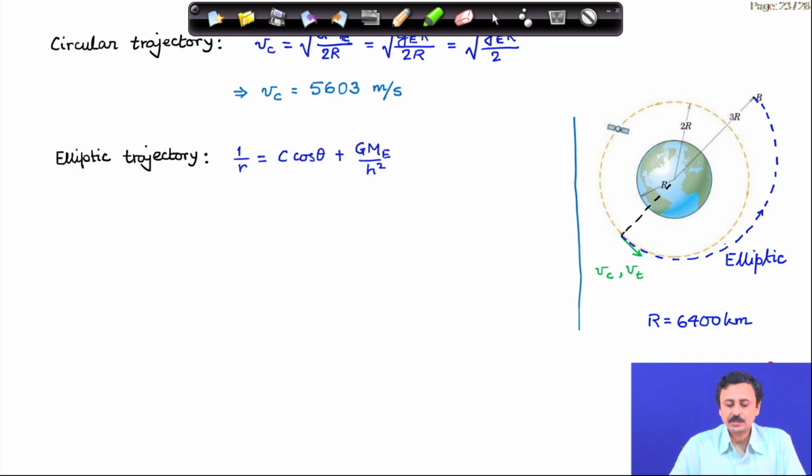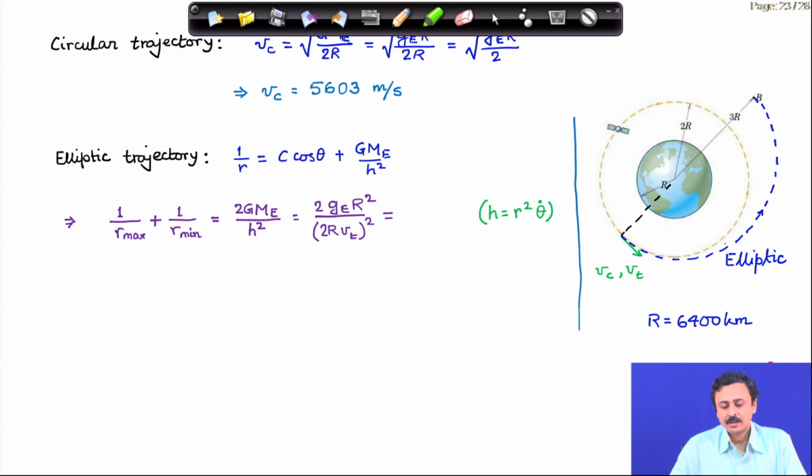For the elliptic trajectory, we know this solution. This follows from the kinetics, and we have derived from here that 1 by r max plus 1 by r min is 2 G mass of earth by h square.